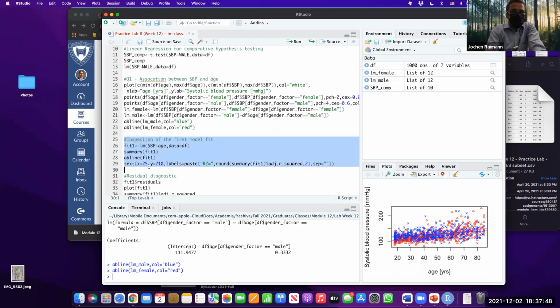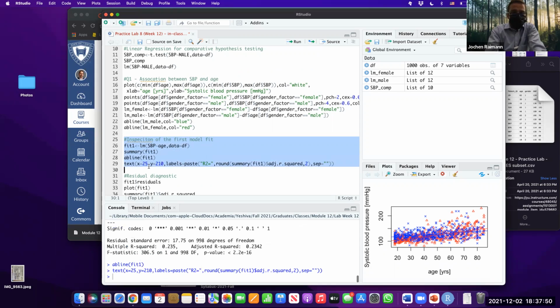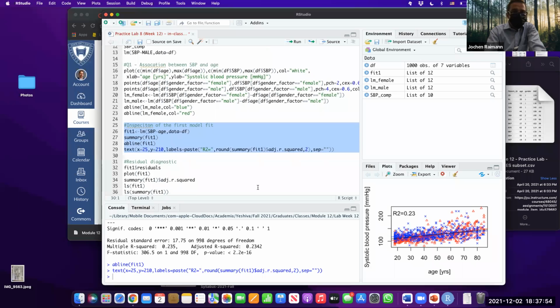Then we are now essentially adding the R squared from our assessment. So this is how you would add it. You're fitting now all data points into a linear model.